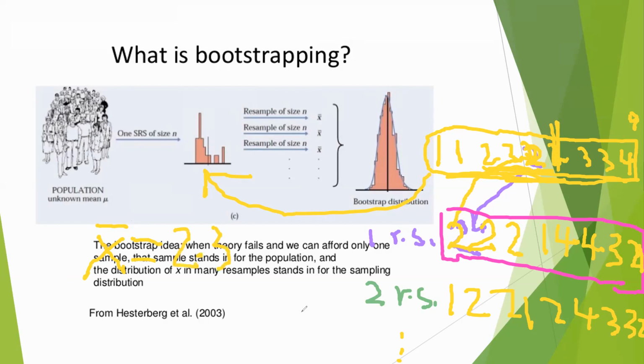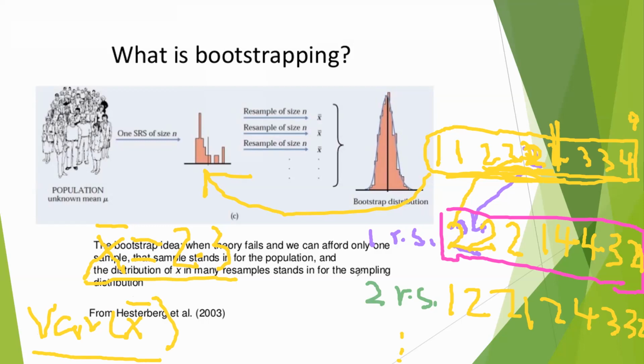But based on a single sample, you cannot get the variance of this X bar, right? That's very awkward. You can get your estimation, but you cannot estimate how accurate your estimation will be.